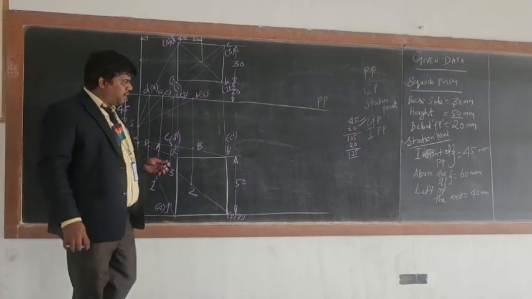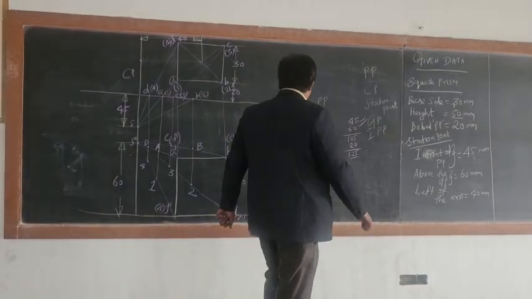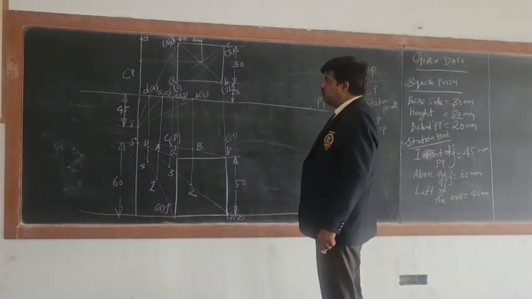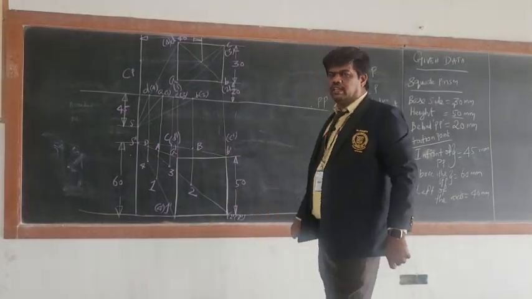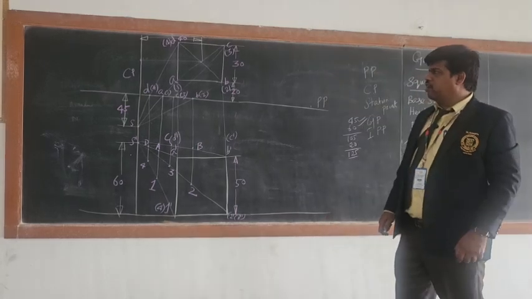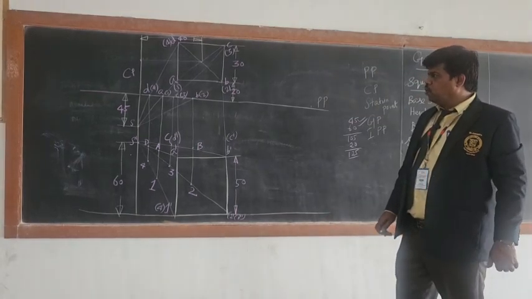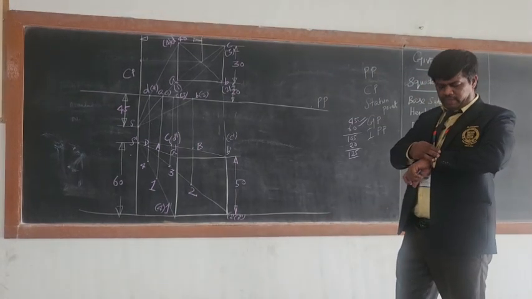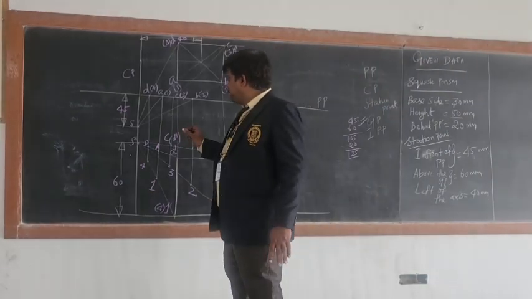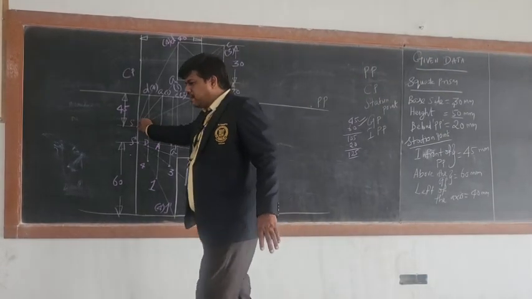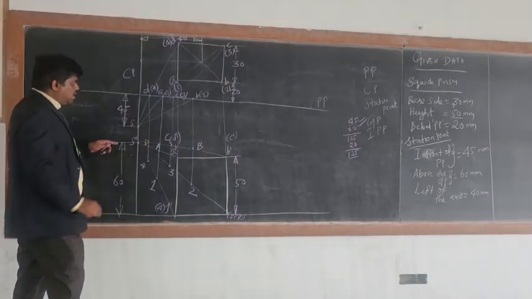Before that, we need to find out the hidden lines. What are the lines we cannot see? We have to identify that. How will you identify?